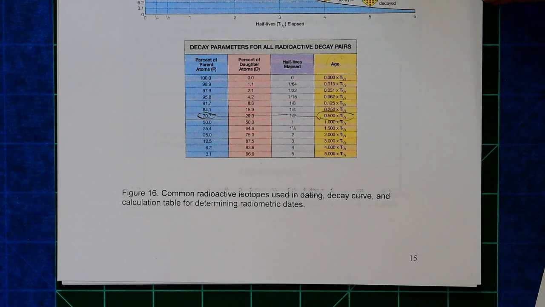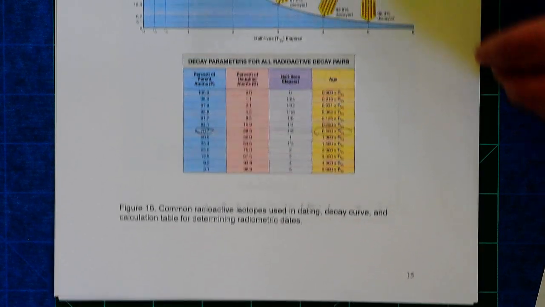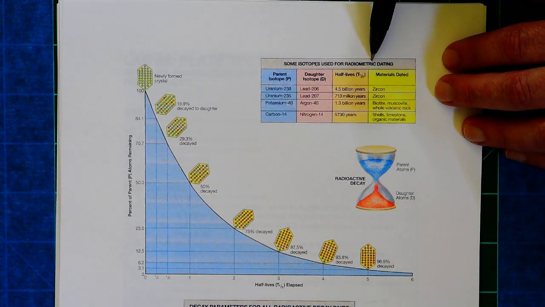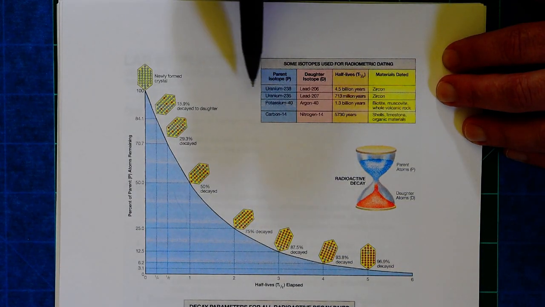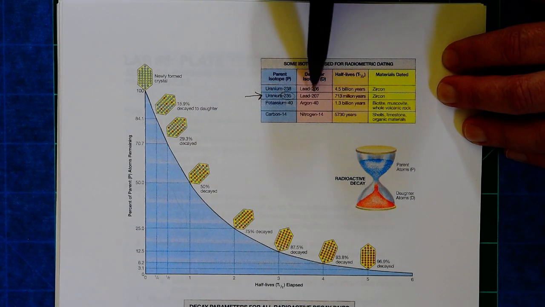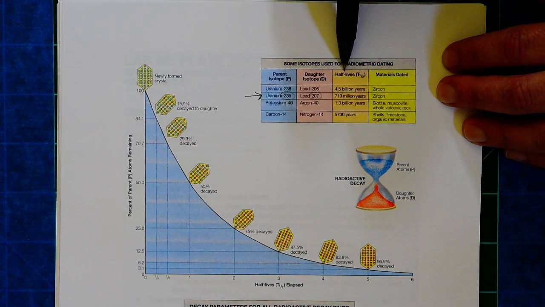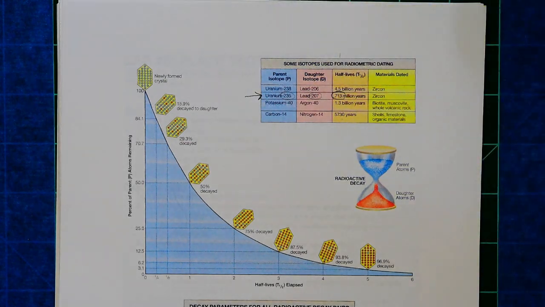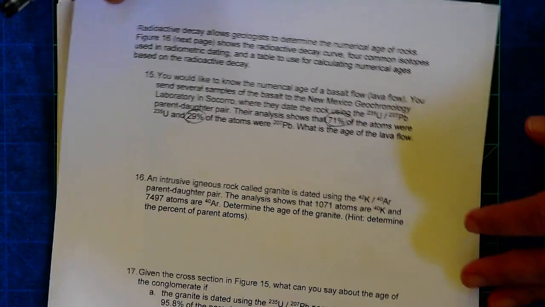Okay, that's nice. But what's the half-life? Well, you find out the half-life up here on this chart. We said that the parent-daughter pair used was uranium-235, lead-207. And the half-life of that is listed in this column. The half-life is 713 million years.